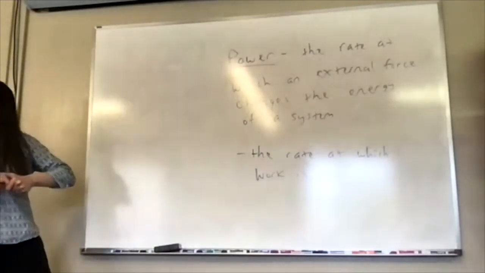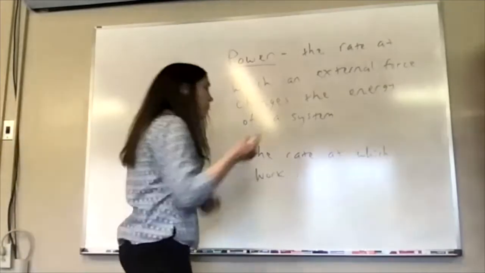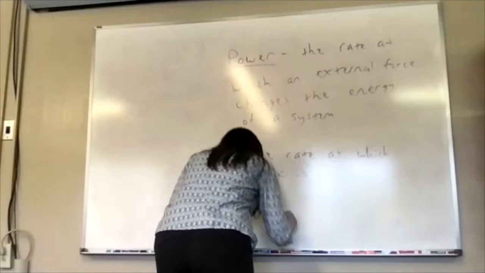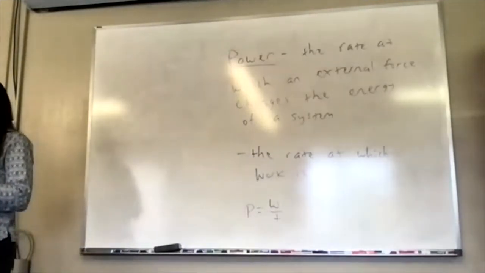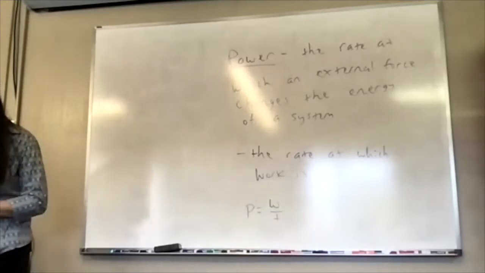So those are two definitions of power. They go along with each other. But in equation form, power is equal to work divided by time. So it's just simply how quickly can you do something? That's what power is mathematically.